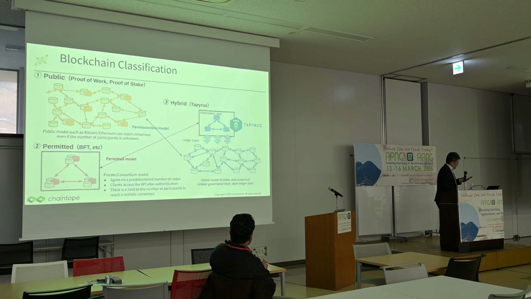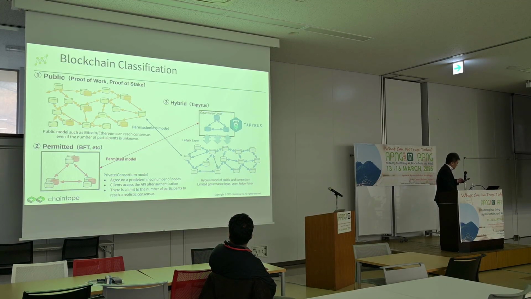The second type is a permissioned blockchain, so-called private chain or consortium chain. In this type, a predetermined number of nodes agree, and clients access via API after authentication. The number of participants is limited to reach a realistic consensus.